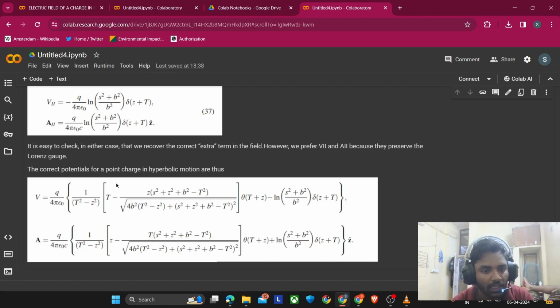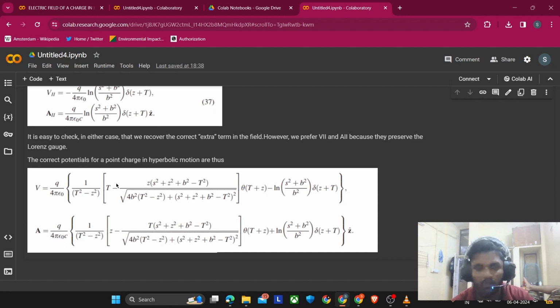So we get this potential as q by 4 pi epsilon naught, 1 by t square minus z square, into t minus z into a square plus z square plus b square minus t square, divided by under root of 4b square into t square minus z square plus a square plus z square plus b square minus t square, whole square, into theta of z t plus z, minus ln of a square plus b square divided by b square into delta of z plus t. And the same way we got the equation of the vector potential A.